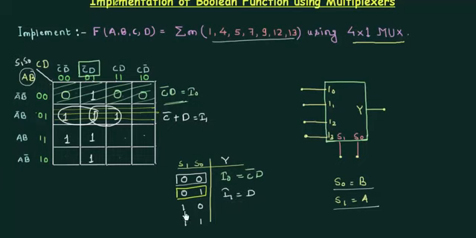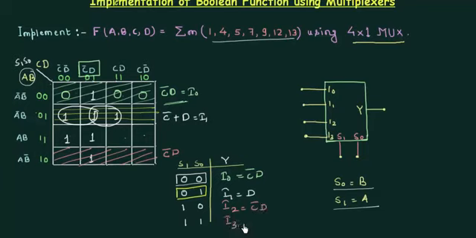Similarly, when S1 is 1 and S0 is 0, which means this row, again we are having a single 1, and for this the value of CD is C complement D. So I will write directly C complement D, and this is your I2, and it is equal to C complement D, right?